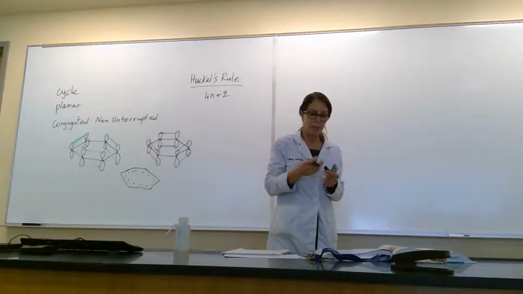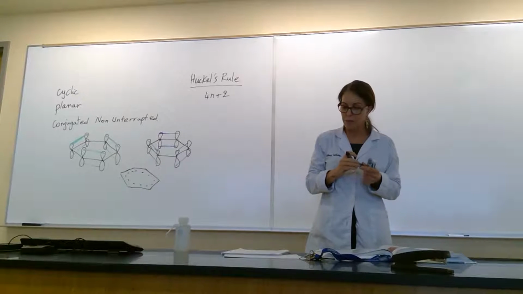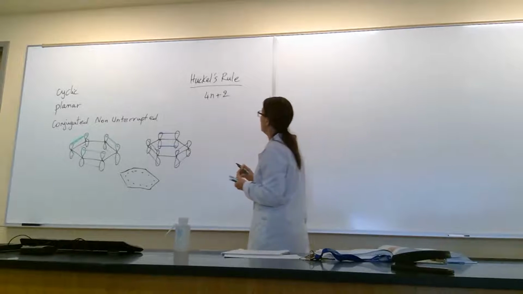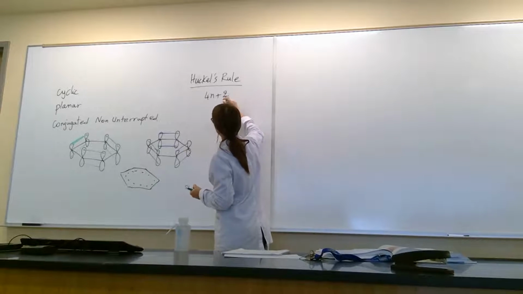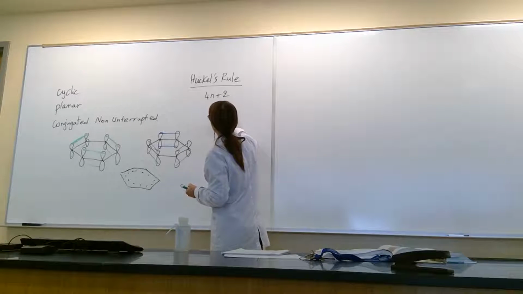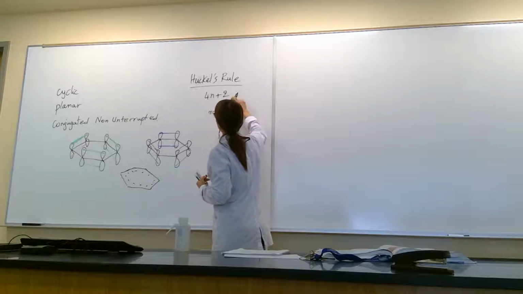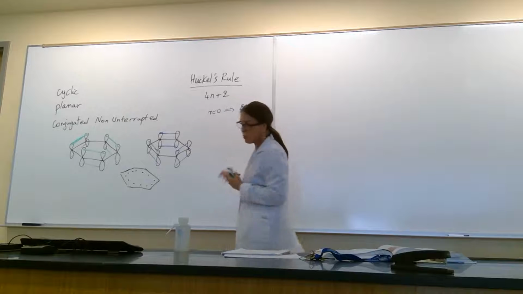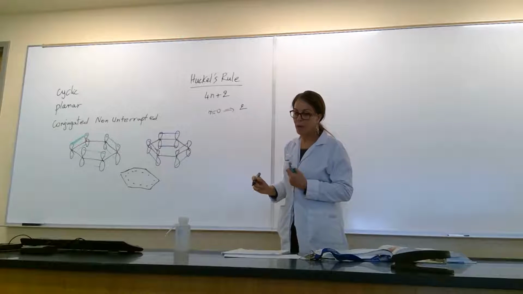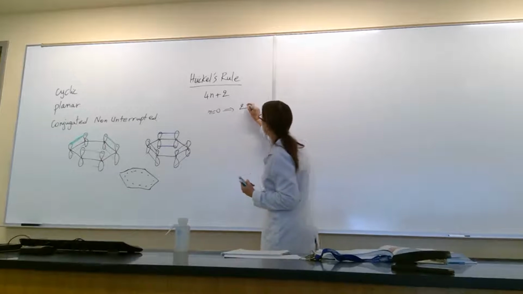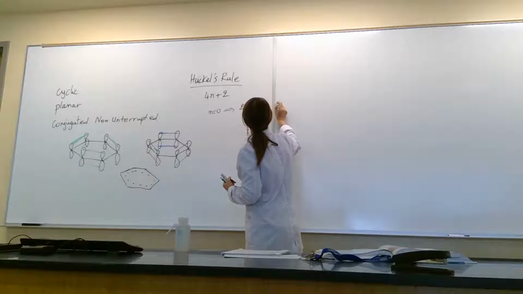I'm going to explain what it means, 4n plus 2. These are the number of electrons. So if n is 0, what is this? 2. So that means you can have two electrons, which means 1 pair.